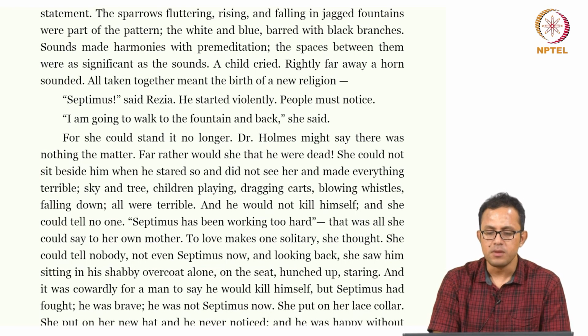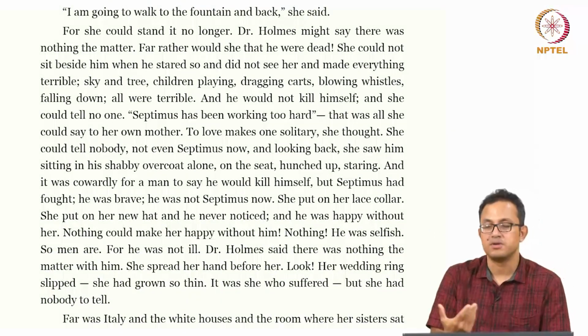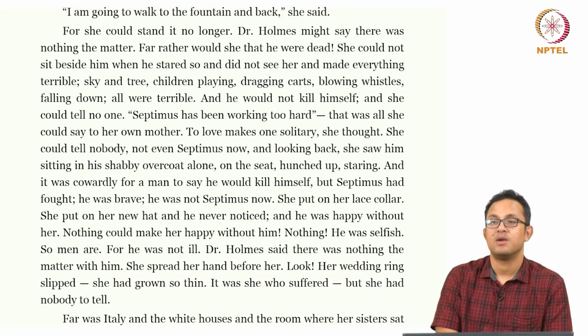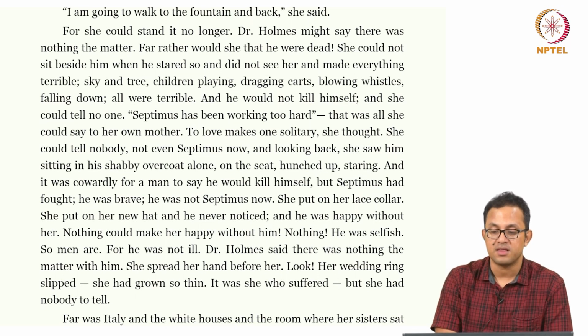"And it was cowardly for a man to say he would kill himself, but Septimus had fought. He was brave. He was not Septimus now." So again, the whole idea of masculinity is interesting because we are also told Septimus had been brave at one point in time. He had killed at one point in time. He had fought a war at some point in time. But now, he's saying cowardly things such as he would kill himself.